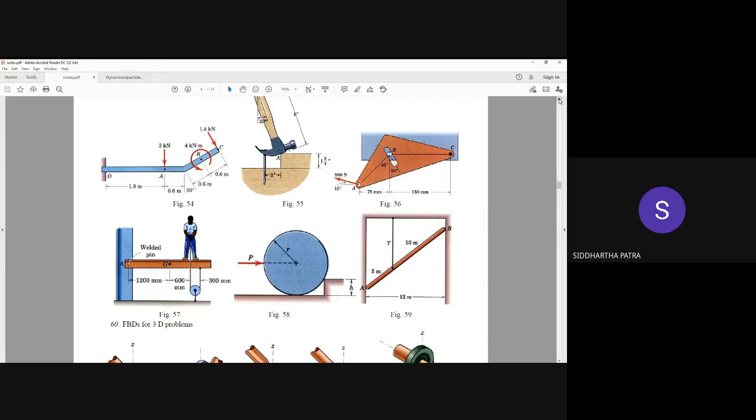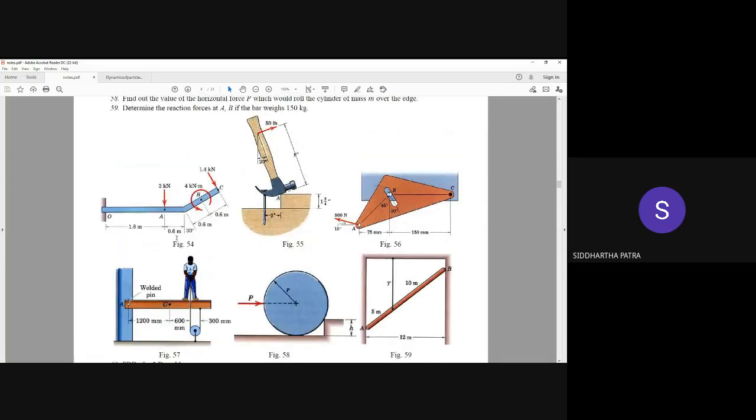So let's say this figure 54 right here is very much the first problem in equilibrium. Two types of mistakes I have seen. Some of you put only the Oy component of reaction force. Some of you put both reaction forces, but you see at O it's a fixed joint.